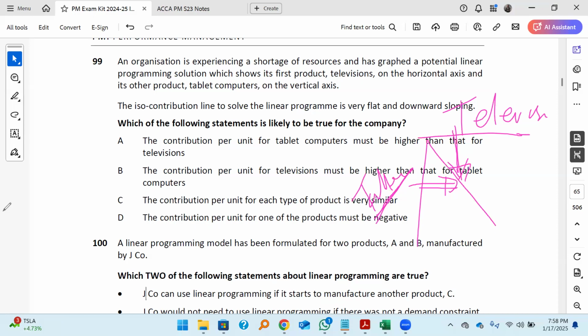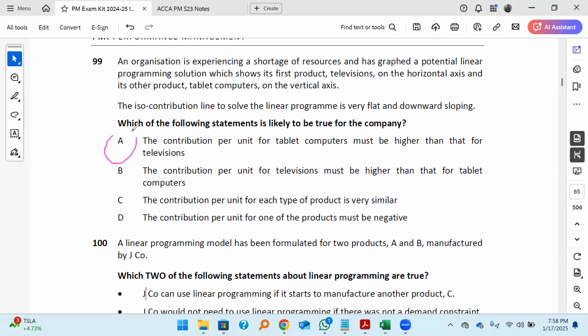That is what the first statement says: the contribution per unit for the tablet is higher than that of the televisions. That's why the line is very flat and downward sloping.